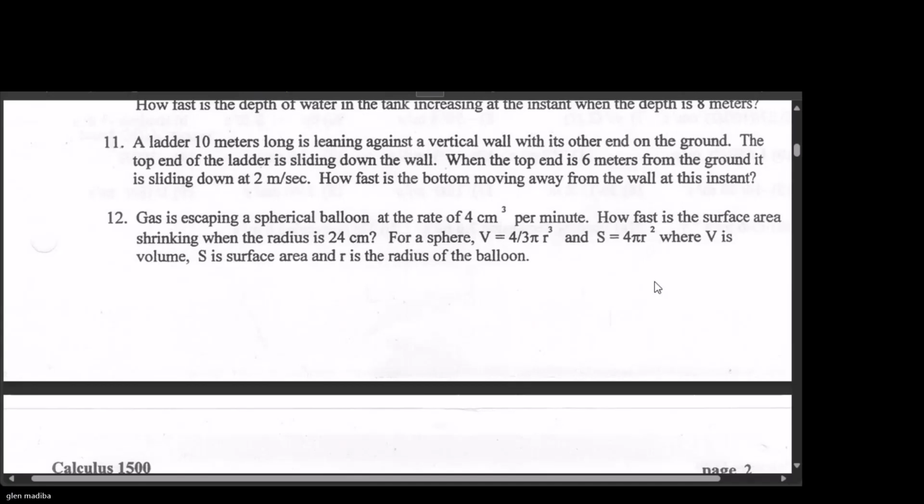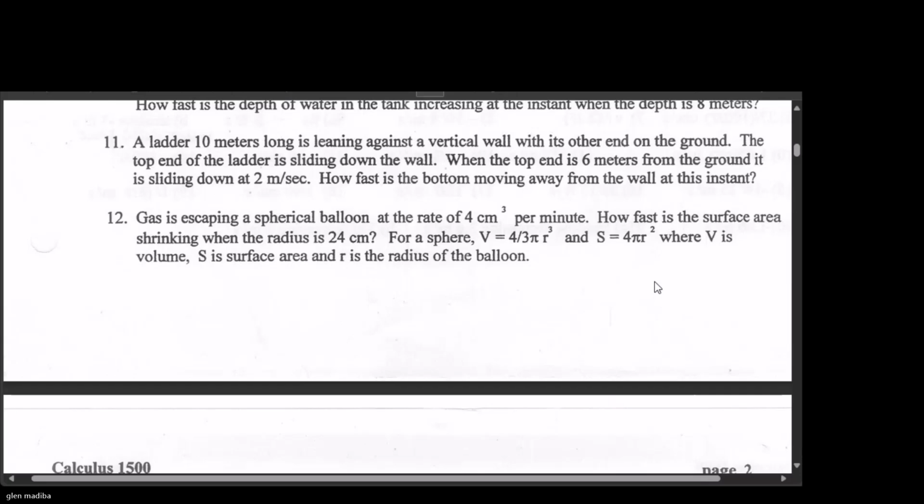Then we calculated dr over dt just now, from deriving the formula for the derivative of volume. So I substituted that dr over dt, which was equal to -1 over pi r squared, into the formula that I just derived for the derivative of surface area.